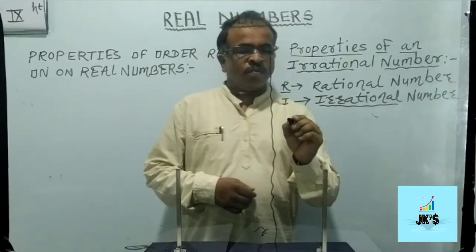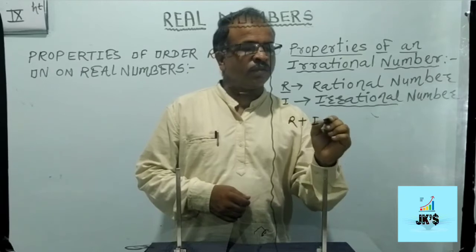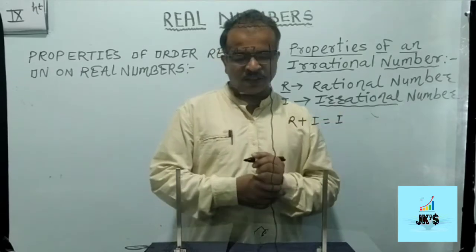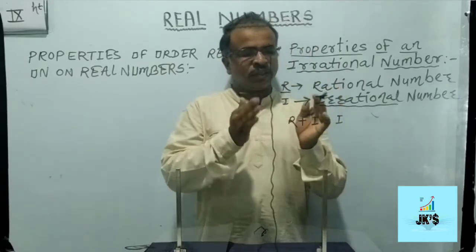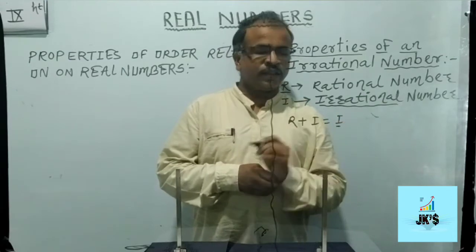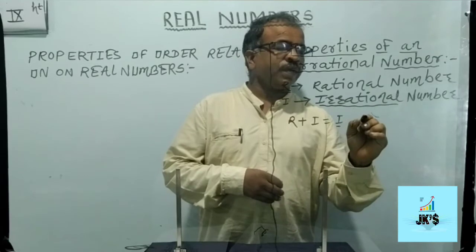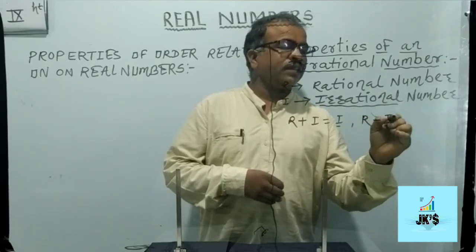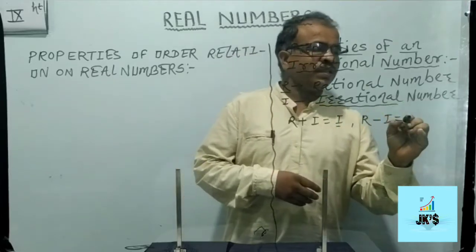If a rational number and an irrational number get added, then the sum is irrational. Similarly, when we subtract an irrational number from a rational number, then the subtraction is an irrational number.